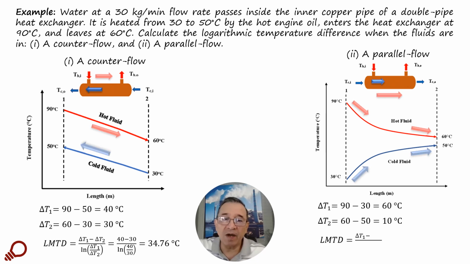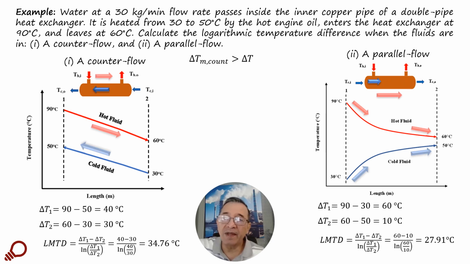Then if we apply the logarithmic mean temperature difference, we will end at a value which is shown in this numeric analysis. So in effect, the mean temperature difference in the counterflow is greater than that of the parallel flow.